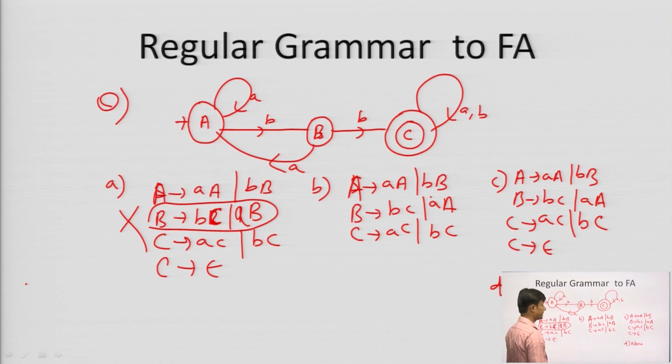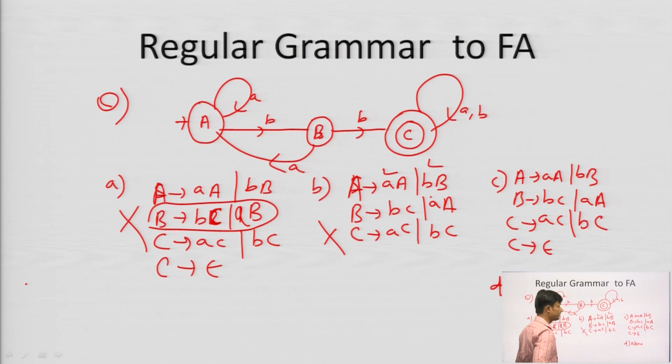So, here you can check option B. In option B we have not taken C to epsilon. In our rule, for every final state there is an epsilon production. So, it must be C to epsilon. All the productions are right, but C to epsilon is not there, that is why it is wrong.